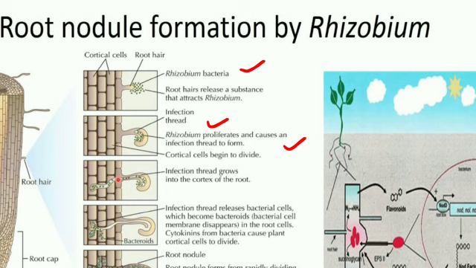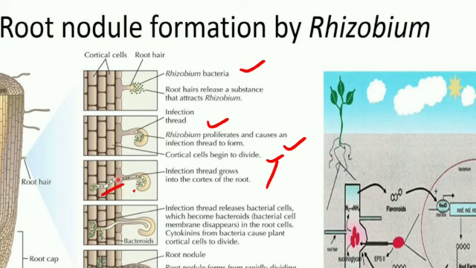At the same time, cortical cells begin to divide. They increase in their number, they start to multiply or divide. Next, the infection thread grows into the cortical cells of the roots. That means the infection thread exerts pressure on the cortical cells, and due to that the infection thread enters inside the cortical cells of the roots.